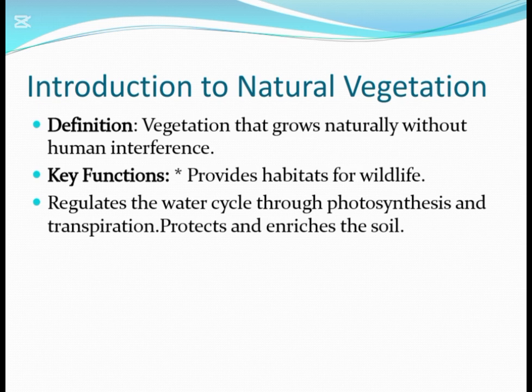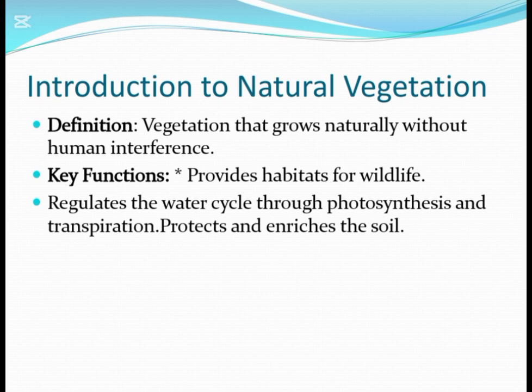And the next point is the water cycle. Basically, plants are like giant straws. They pull water from the ground and breathe it out through transpiration. This moisture goes up and eventually comes back down as rain. If there are no plants, it means there is much less rain.